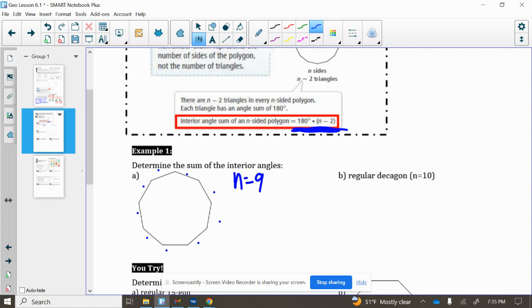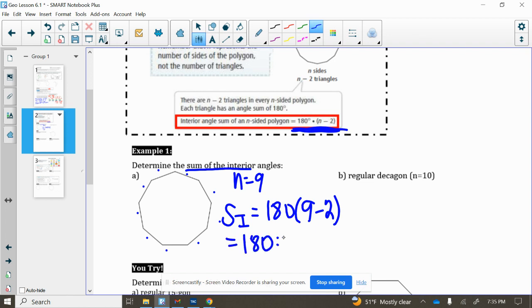And we want to determine the sum of the interior angles. So we're going to take 180 and multiply that by n minus 2, the number of sides minus 2, because we know that that's the number of triangles we can draw. So 180 times 7 gives us a total of 1,260 degrees.